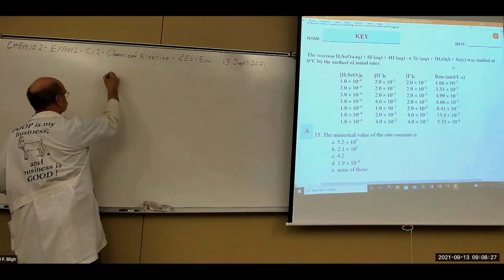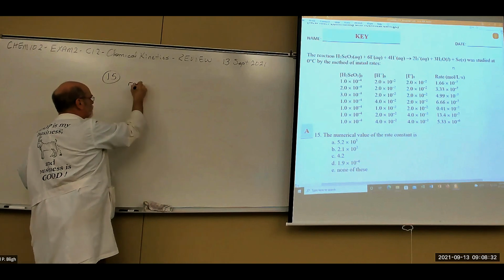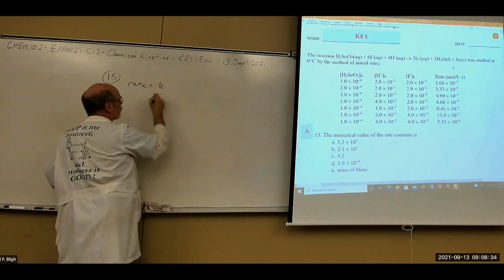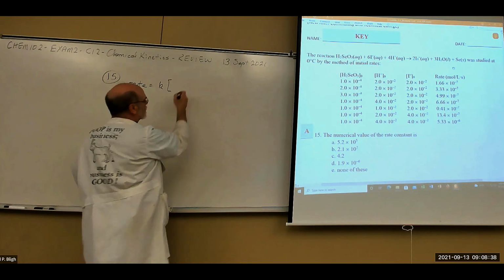So now let's write the expression for the rate, not knowing the K yet. So this is selenous acid.